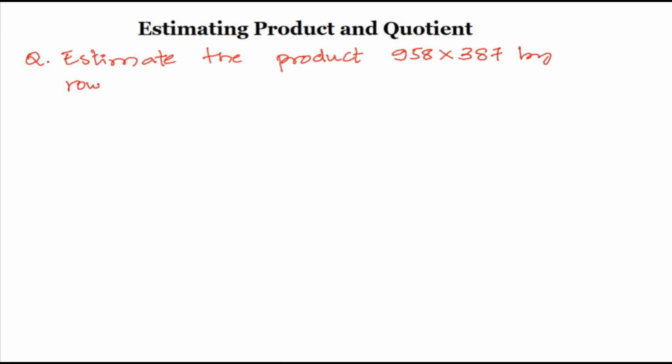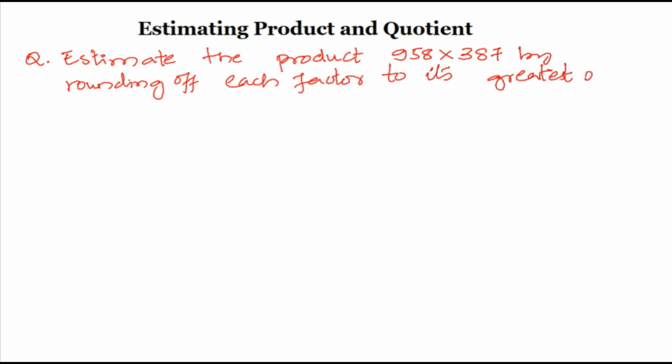The question is, estimate the product 958 into 387 by rounding off each factor to its greatest places.